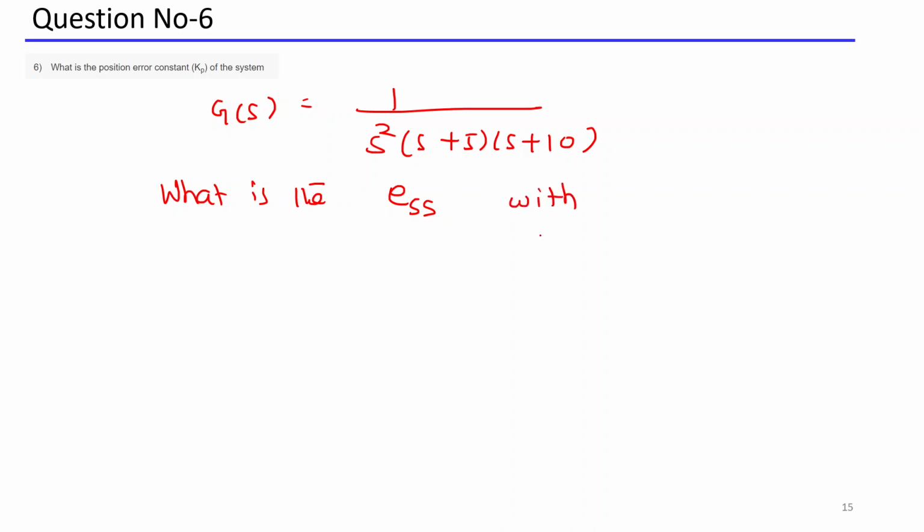The input given is 5 into t square by 2, a parabolic input. What is the steady state error with this input? Can anybody tell me?